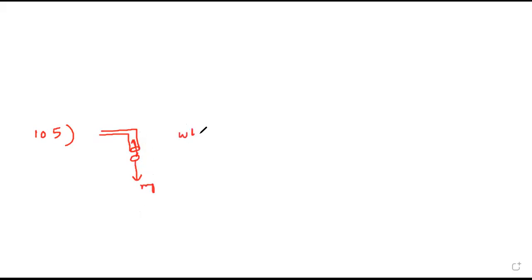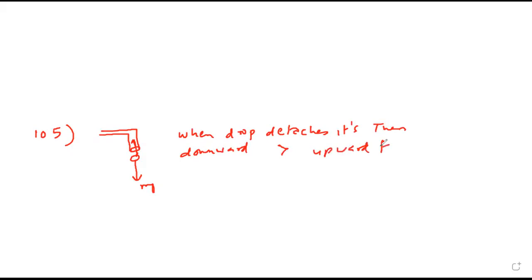The downward force is greater than the upward force. Downward force is weight mg and the upward force is the force due to surface tension, that is T into length in contact. Weight is density into volume. Length in contact will be the circumference of the drop.